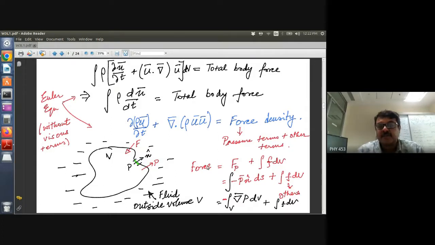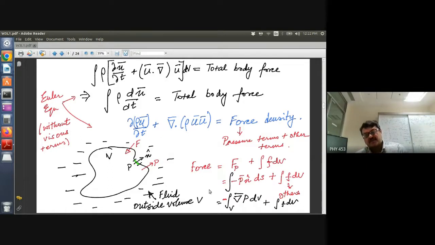So this total force density can be written down in terms of pressure with a minus sign. The reason is that the force acting on the surface is due to the pressure of the fluid outside, which is acting inwards, opposite in direction to the outward normal.